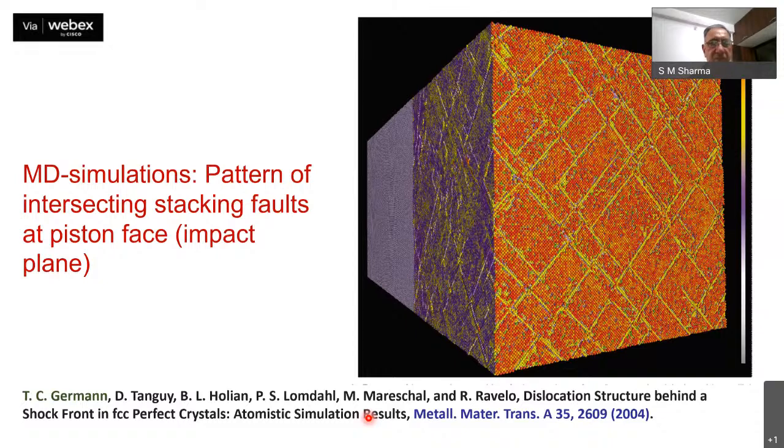But as I mentioned, what you see in the post-mortem analysis doesn't necessarily have a bearing on what happens under shock compression. For example, the abundance of dislocations in the recovered samples was found to be an order of magnitude less than what is expected if there is a generation of dislocations at the shock front.